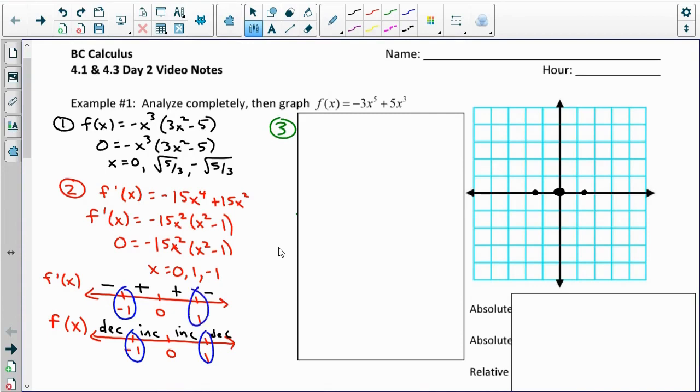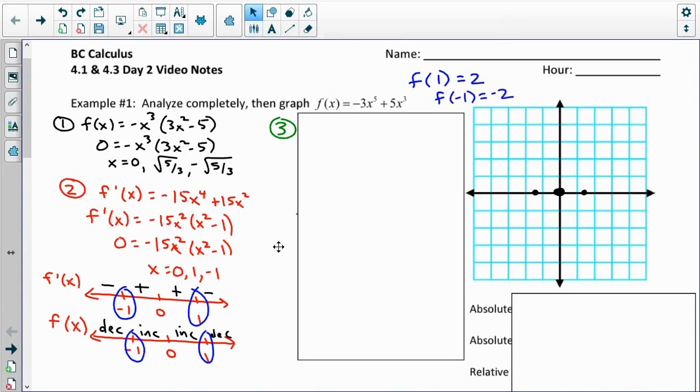If I substitute in values at -1 and 1 into my original function, I find that f of 1 equals 2 and f of -1 equals -2. I'm going to want to put those points on the graph, because those are going to be max and mins of my function. Then we'll figure out what everything else does after we take a look at the second derivative.